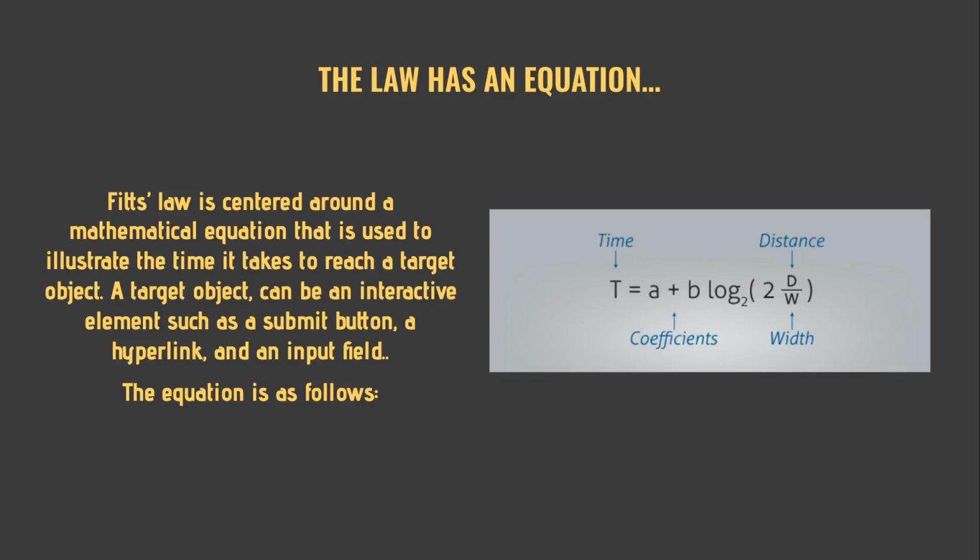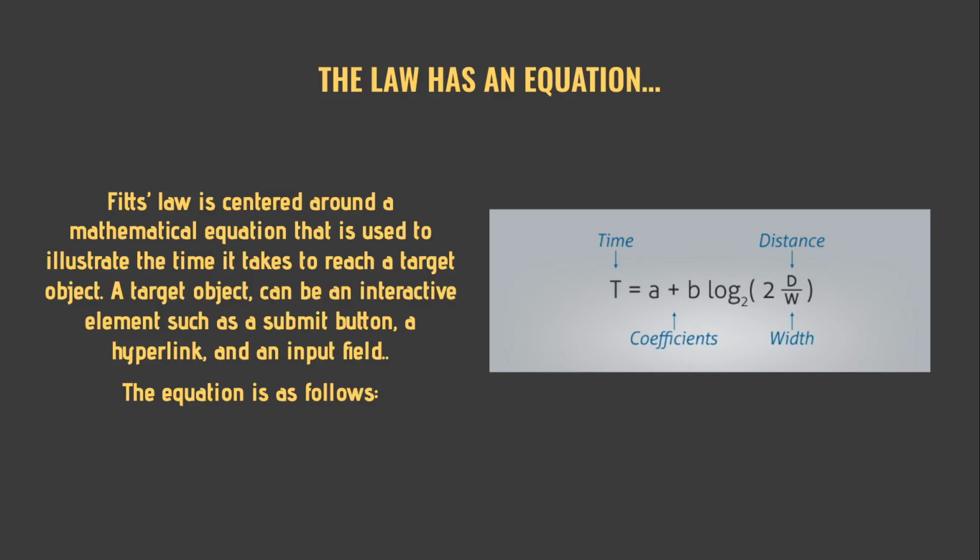So Fitt's law isn't just some random law, it's a theory with a mathematical equation behind it. The equation isn't necessary to know exactly and use every time, but it's important to know that Fitt's law is backed by math. And right here we have the equation. Time is the amount of time required to complete the movement.